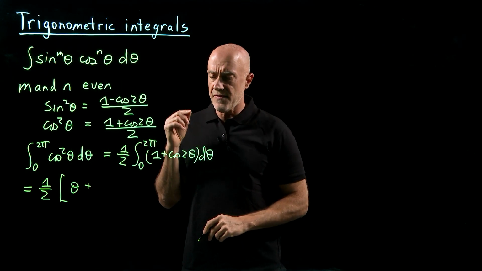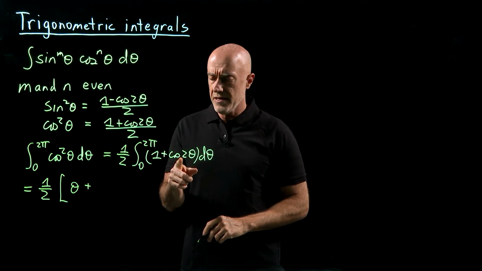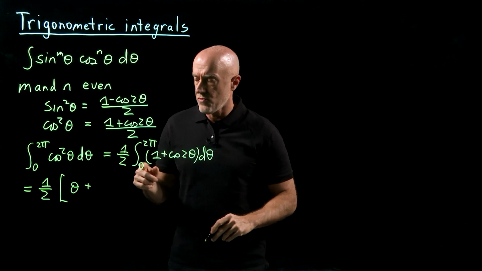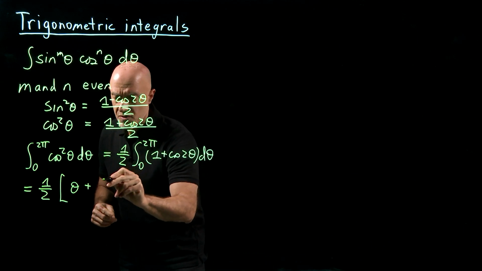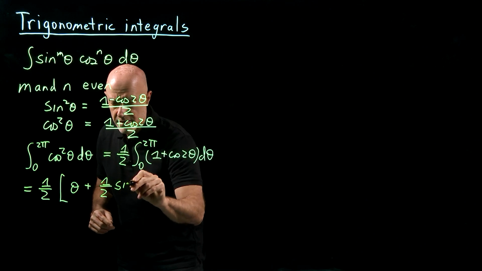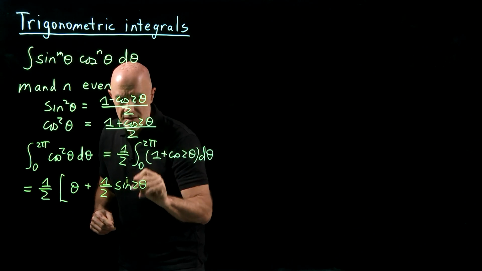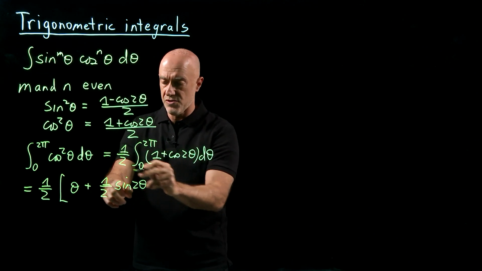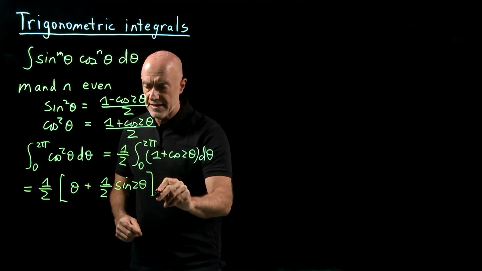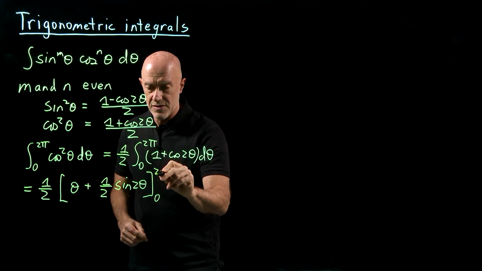The derivative of sine 2 theta is 2 times cosine 2 theta, so we have to have plus 1/2 times sine 2 theta to catch cosine 2 theta. So the derivative of this will be cosine 2 theta. And that's evaluated between 0 and 2 pi.